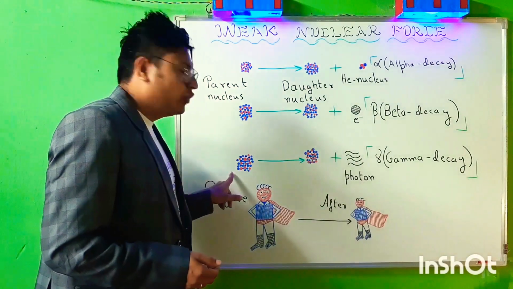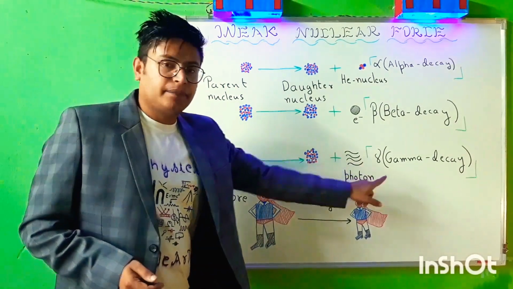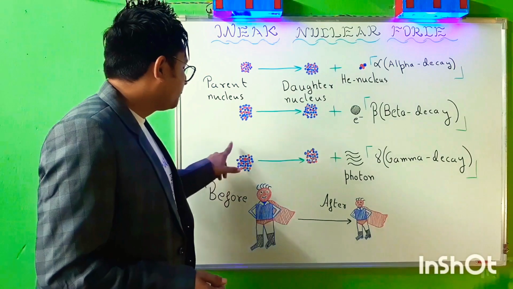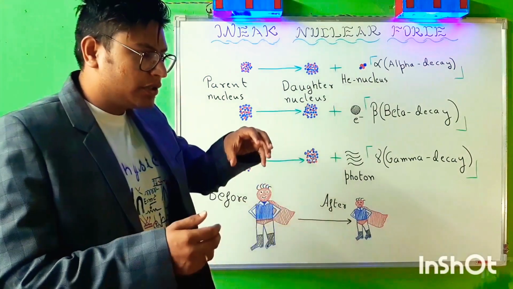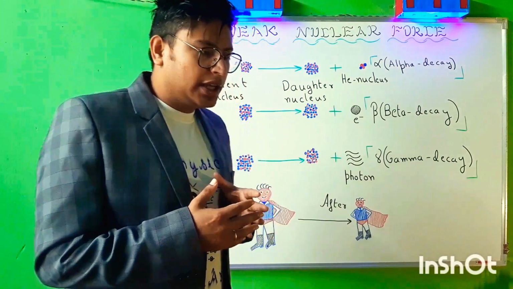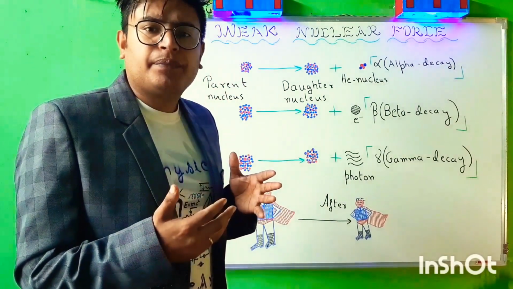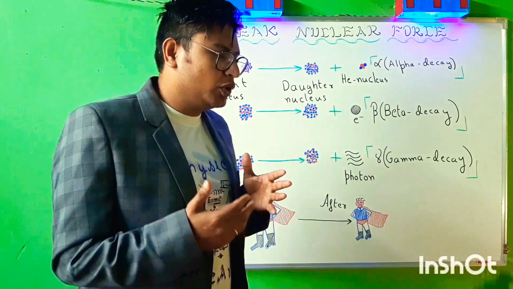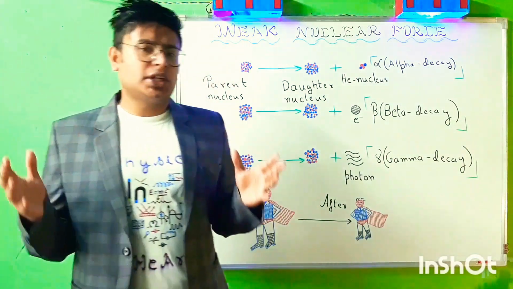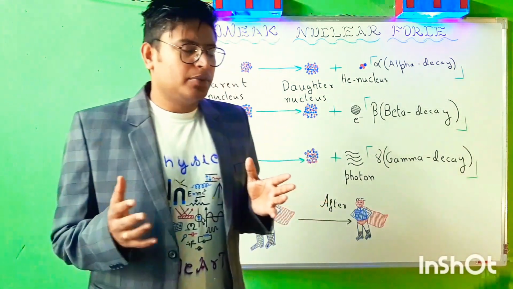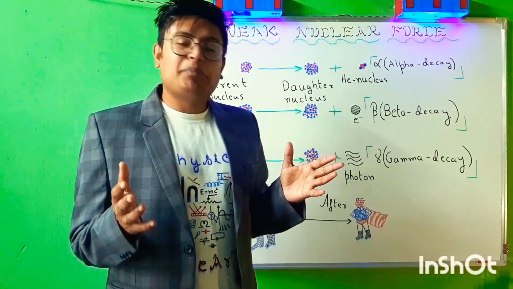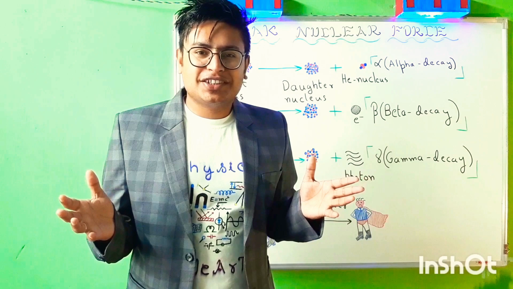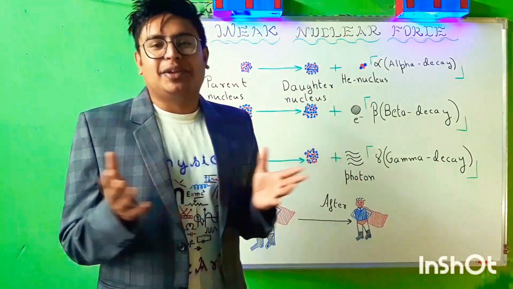And then we have the gamma decay. In the case of gamma decay, I have the parent nucleus, and there are certain things known as excited states. It has been told to us many a time, don't be too much excited, happy days are only for a few days, sadness remains.